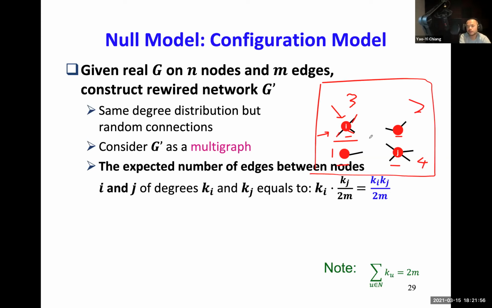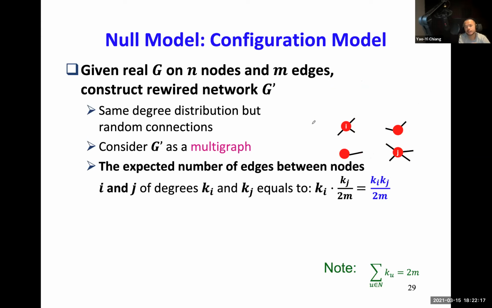Well, based on your null model, we will then have multiple ways that you can generate graphs, like the one I just showed you, or you can have another one, like if you link this one to here, this one to here, this one to here, and maybe this one to here, right? So you have multiple ways that you can generate graphs so that you can use this to generate the expected number of links between nodes in a graph. If you are not following, that's okay, but just look at this, and once we go through the slides, it might be clearer.